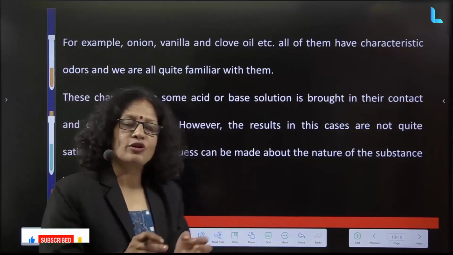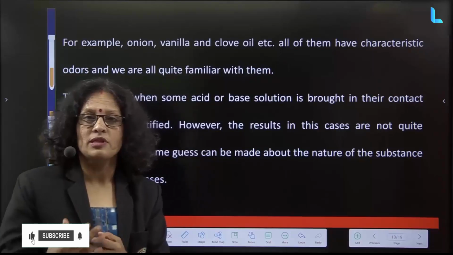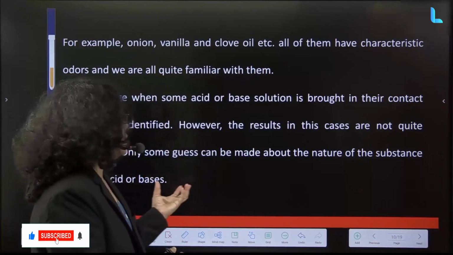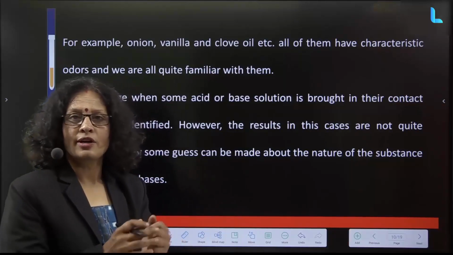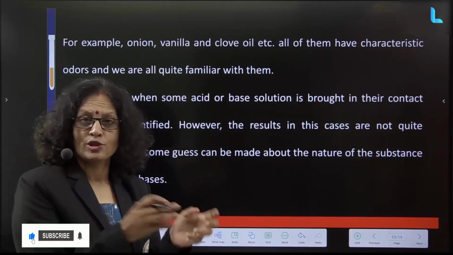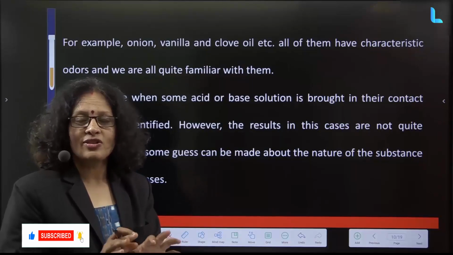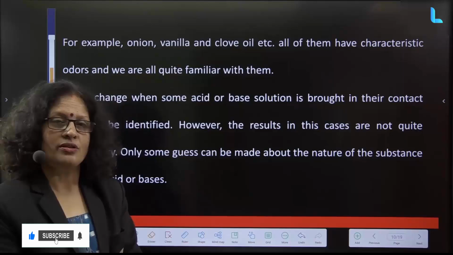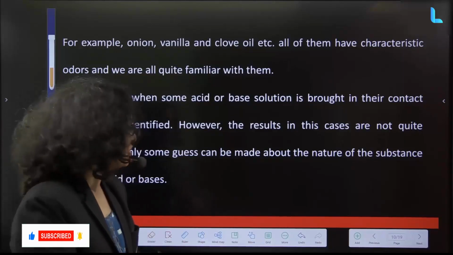But here results are not very satisfactory, and sometimes there is deviation from the expected results, and that is why this cannot be taken as a 100% proof indicator for experimental purposes. This is just a type of indicator where you can understand it. Yes, this is also showing a color change.